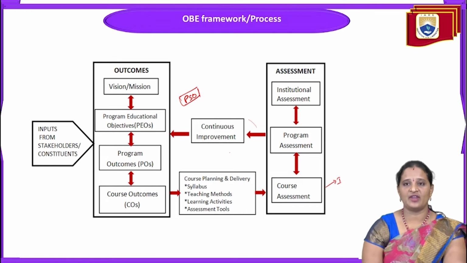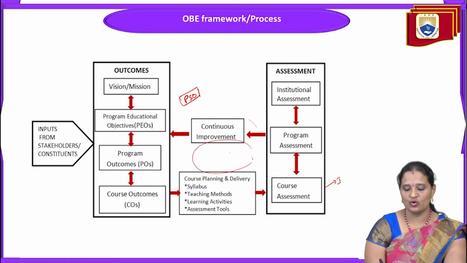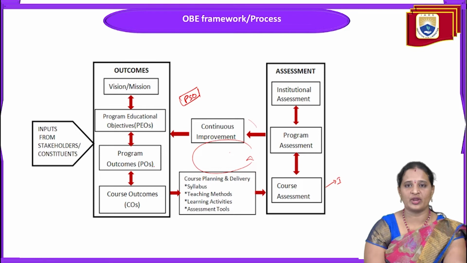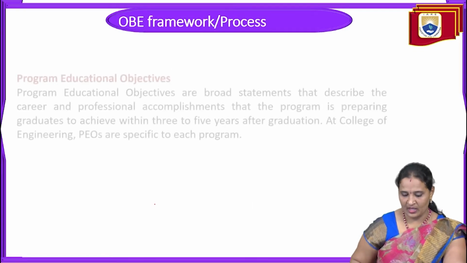So this is the framework. This is nothing but a loop structure. Every time there is continuous improvement done in the program educational objectives, program outcomes, and course outcomes.